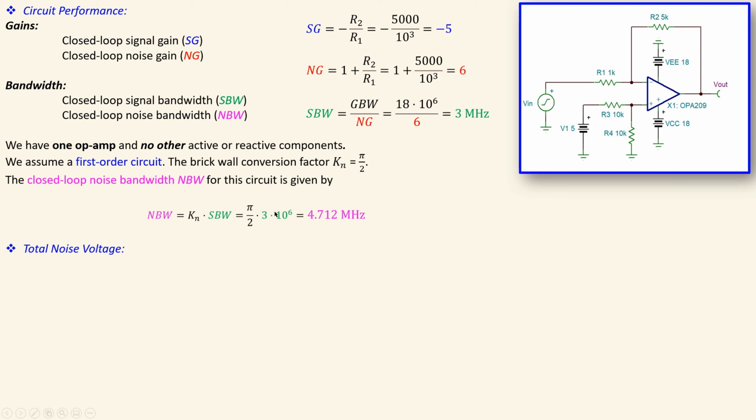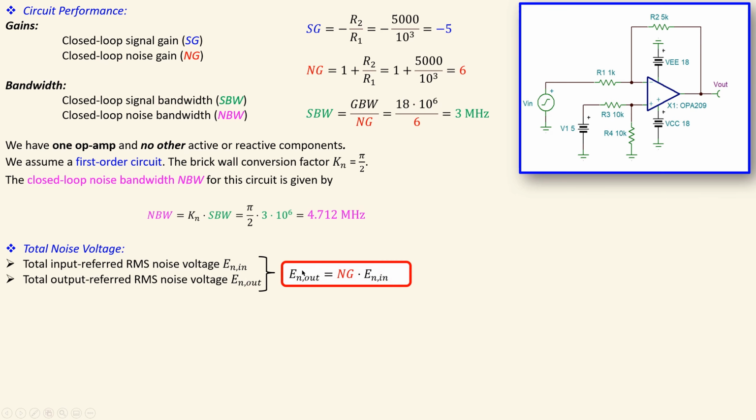We now have the necessary values to go to the input referred RMS noise voltage and also the output referred RMS noise voltage, because these are the values we require from this example. Now, taking these together and using the noise gain for specific noise analysis, the output noise RMS value will be the noise gain times the input noise voltage in RMS value.